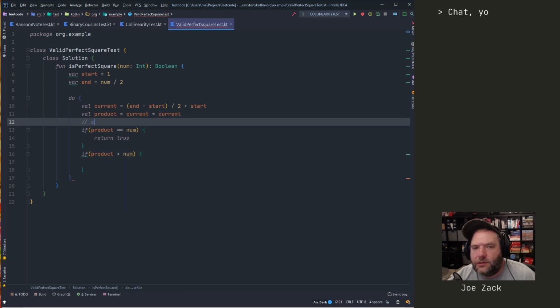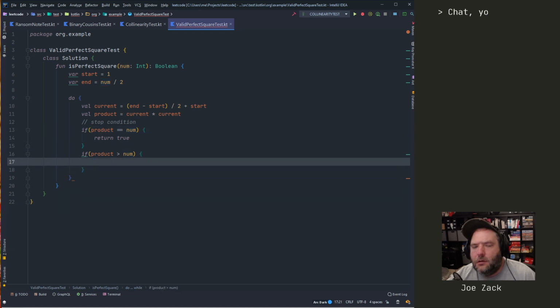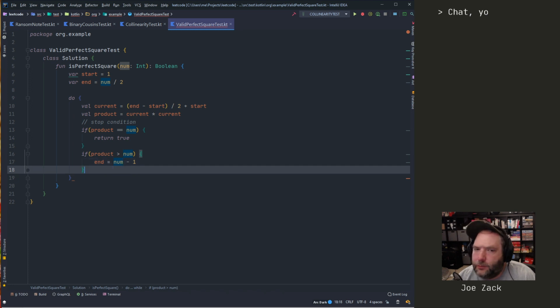We need a stop condition. So if our product is greater than the number, then that means we need to shrink the end. So end equals current minus 1, because we've already looked at current and we don't want to have an infinite loop.